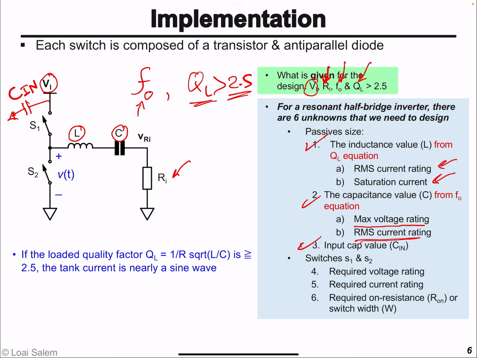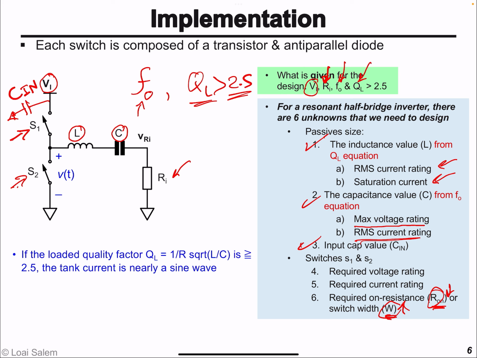And of course, we have the switches S1 and S2. So we need to know their equivalent on-resistance if we are designing a wireless power transfer transmitter using discrete components. If it's fully integrated on a chip, then we need to know the width of the switches S1 and S2, because at the end of the day, R_on and the width are related: if you want a smaller R_on, you need to increase the width of the transistor.